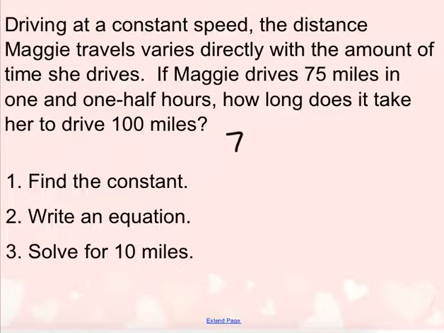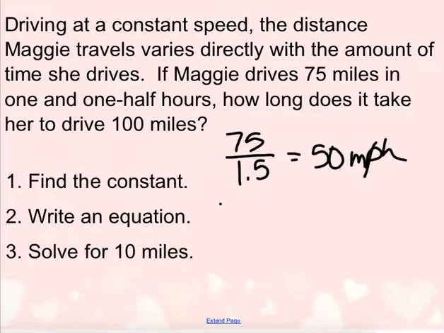So if we have 75 miles for 1.5 hours, we will say we need to do y divided by x, so 75 divided by 1.5. And that gives us 50. What we're saying here is we are going at a constant speed of 50 miles per hour. And so we write an equation, we say y equals 50x.